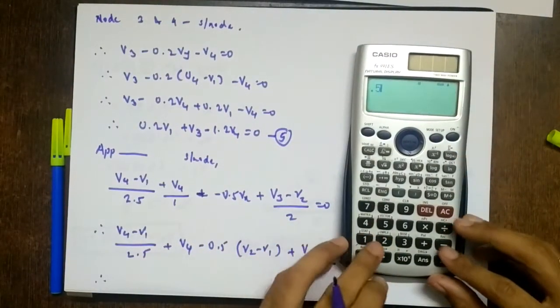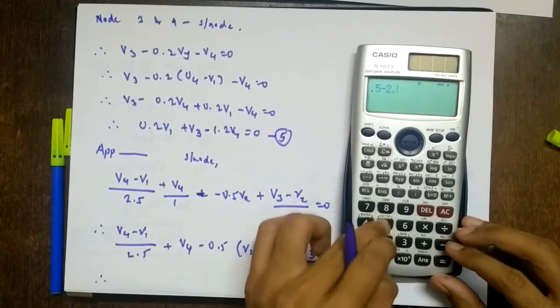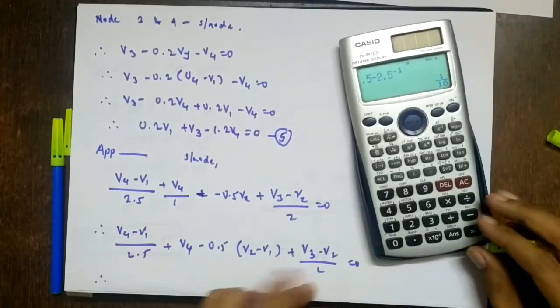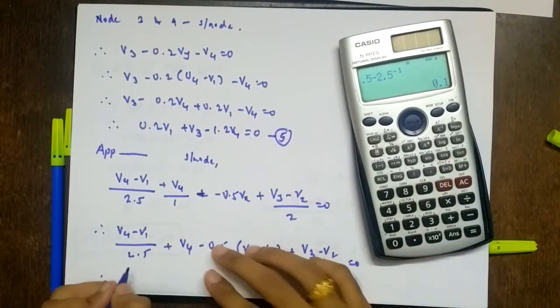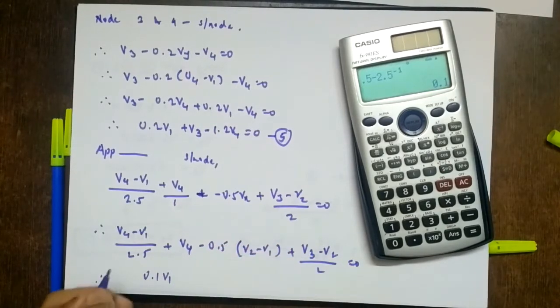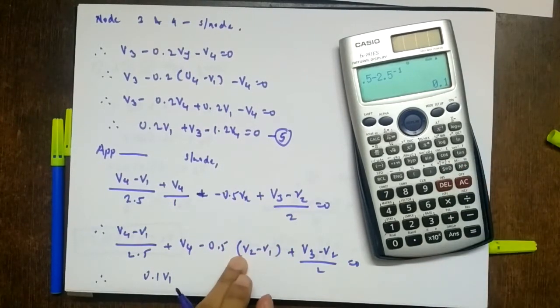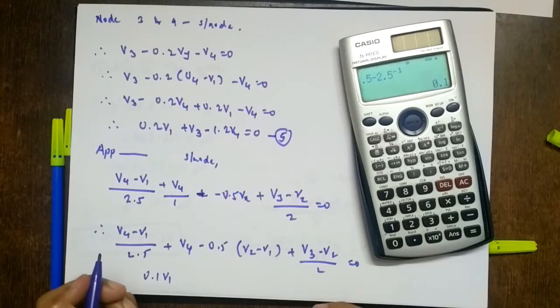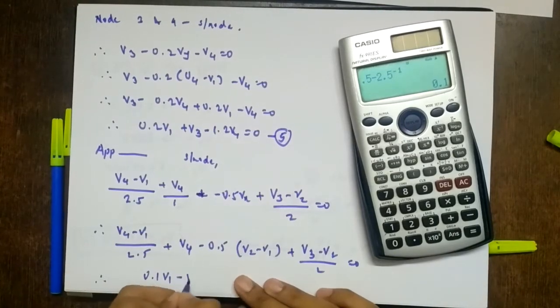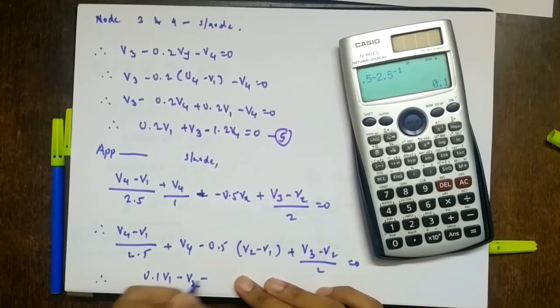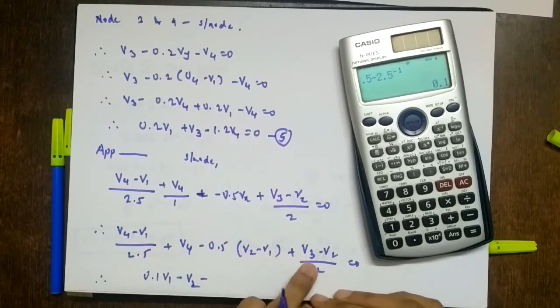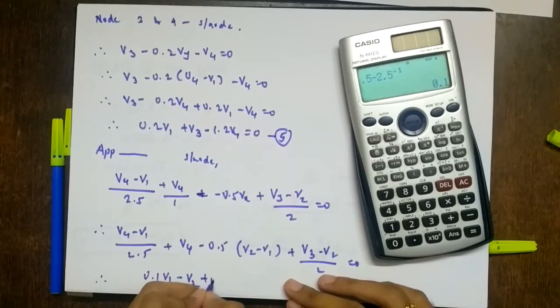So therefore, V1, this is what? 0.5 V1. So 0.5 minus 2.5 inverse. So it is 0.1 V1. Then minus 0.5 V2 minus 0.5, so minus V2. Then V3 is only one term, so plus 0.5 V3.